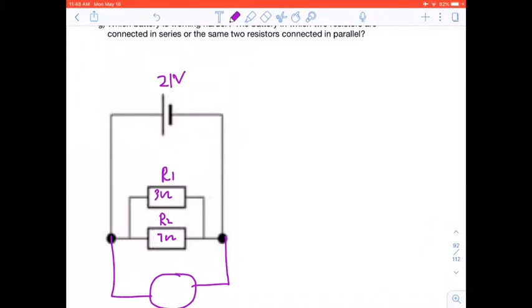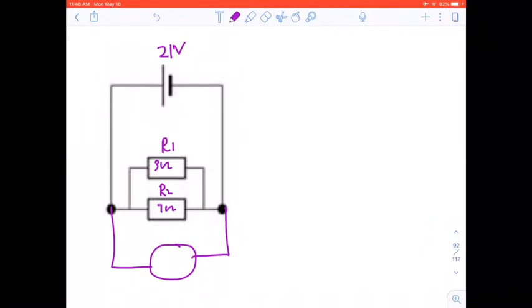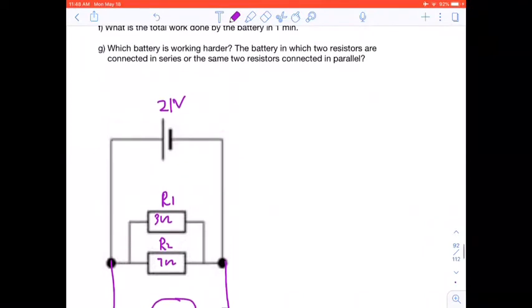When we've got several resistors in parallel, the voltage across each resistor is the same, but the current in the branches differs, because parallel resistors are current dividers. They're not potential dividers.